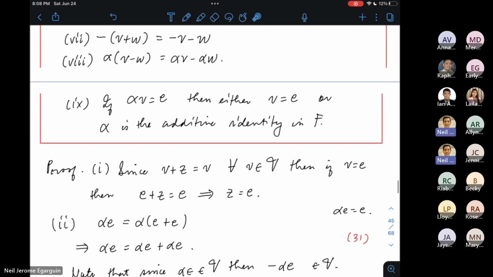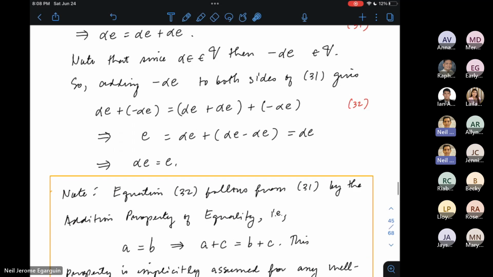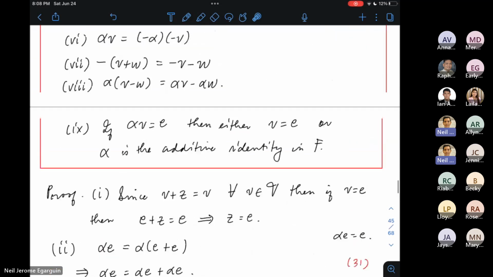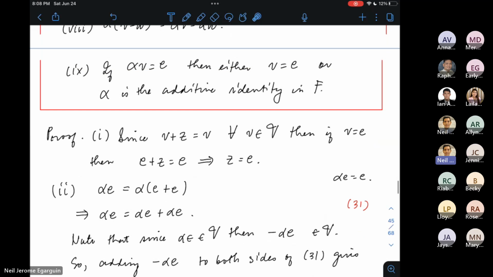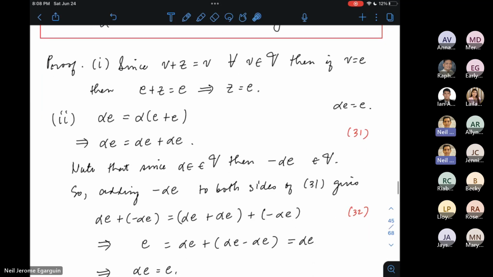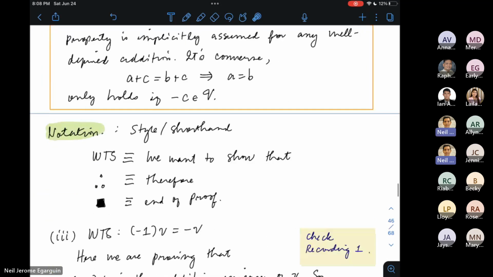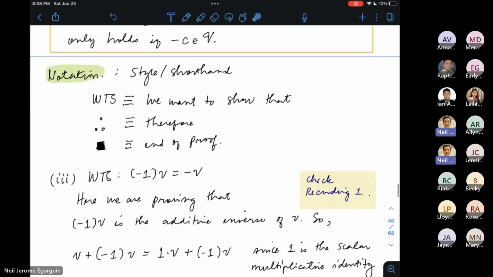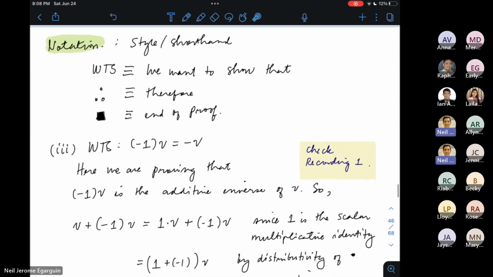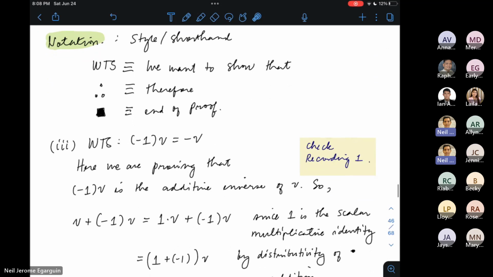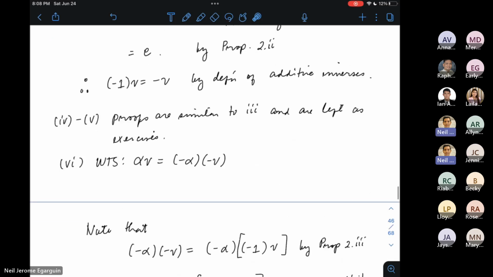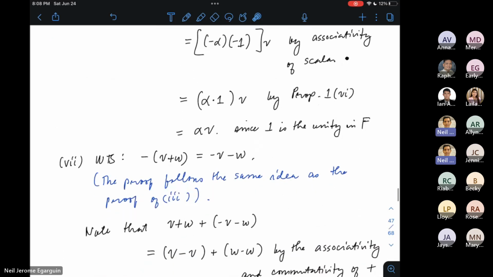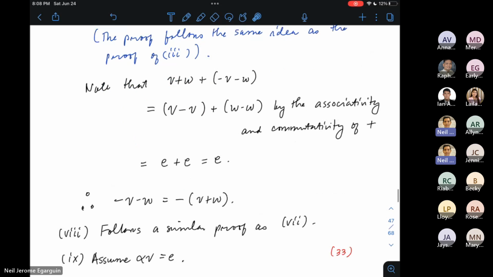Now, the proofs are here. I don't know. Meron bang mahirap dito na proof? Na kailangan i-prove? I think the proofs here are self-explanatory, unless you guys have questions about it. The proofs are very similar to the proofs we did in proposition number 1. Okay. So is it okay if we just skip the proofs here and then you can just read them?